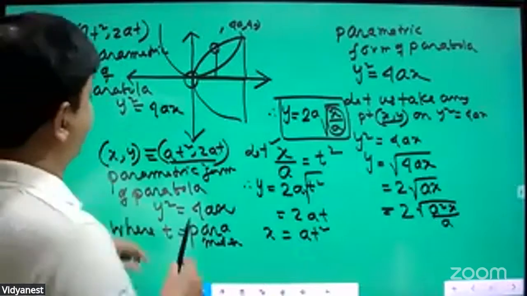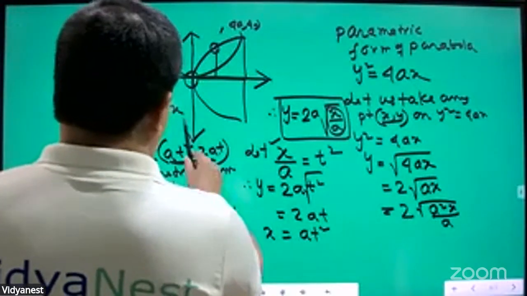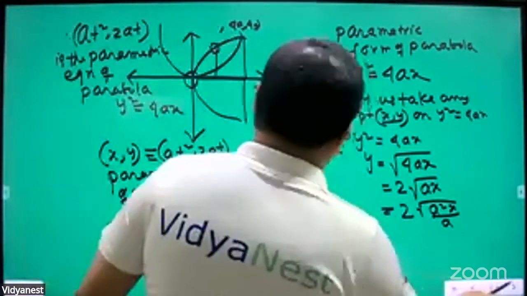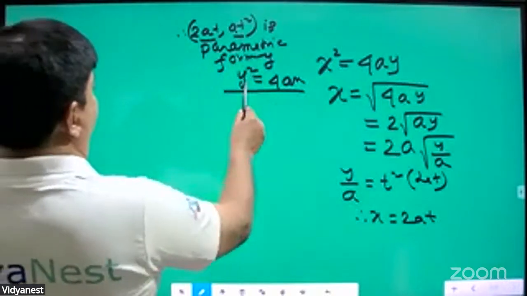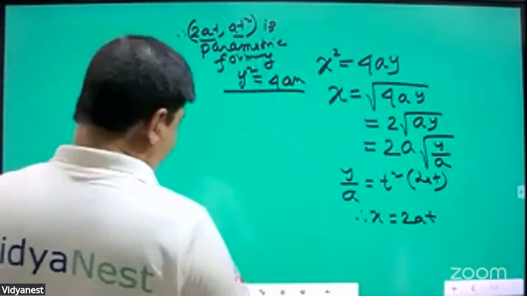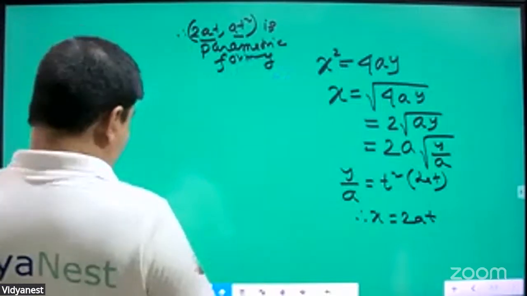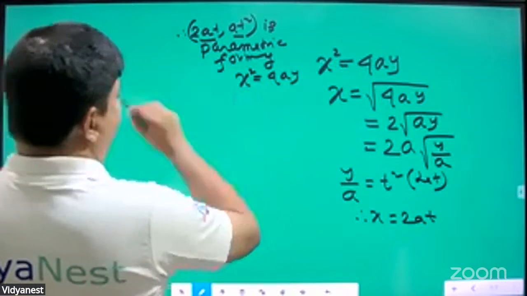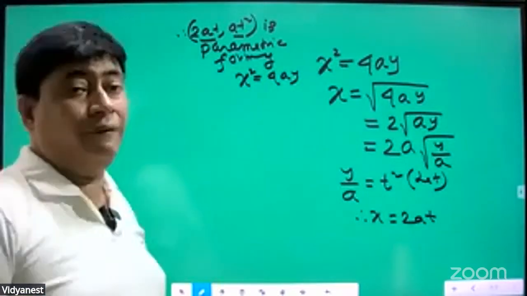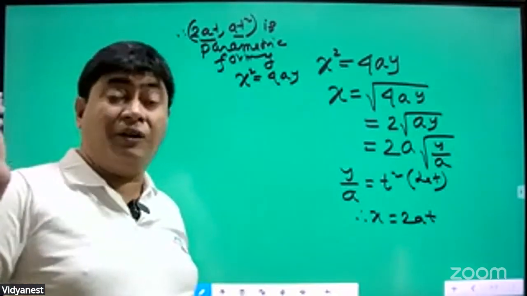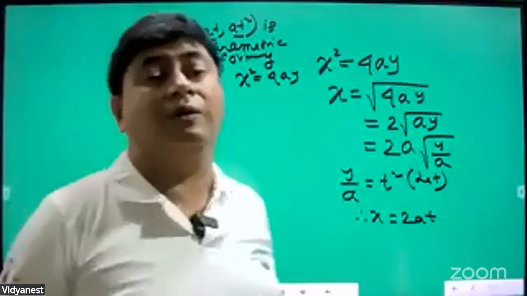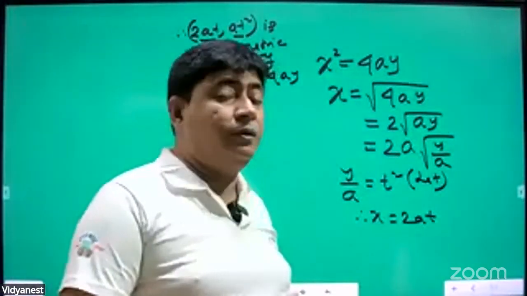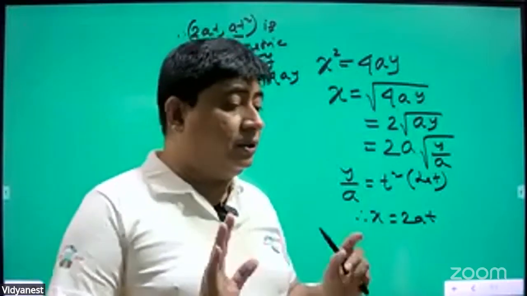You revert it: (2at, at square) is the parametric form of the parabola x square is equal to 4ay. This again shows that they are symmetrical with respect to y is equal to x. Okay. Got it?